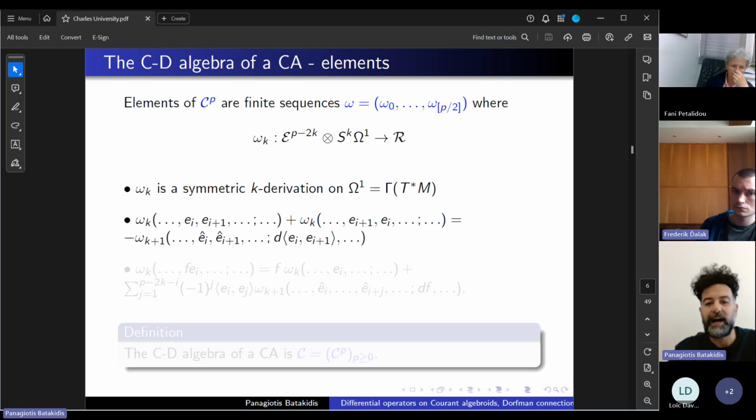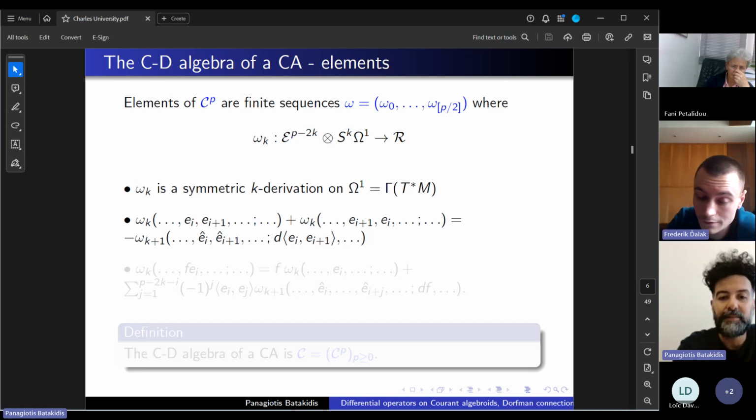The first one says how you can fix two neighboring entries, taking e_i and e_{i+1} from your sections of the Courant algebroid. And there's a term coming out in the second variables, that's the derivative of this function.